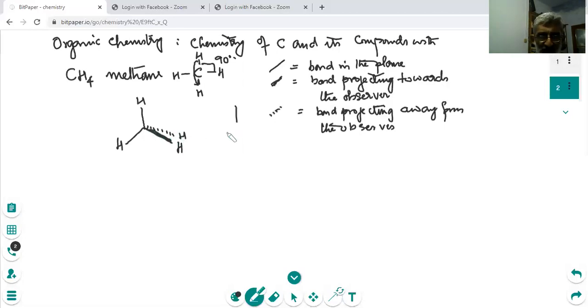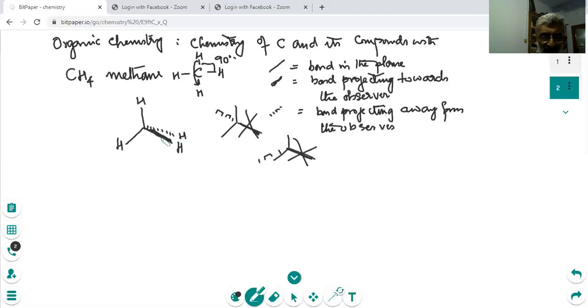So if you draw any structure like this, this is wrong. Or if you draw like this, that is also wrong. So this is the only way you have to represent that.